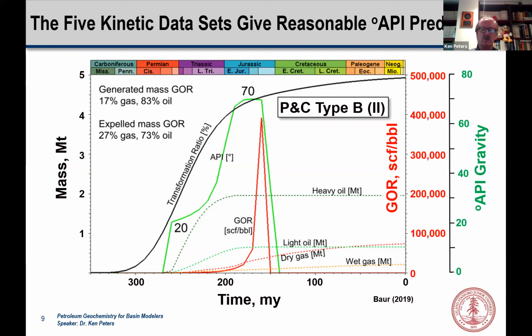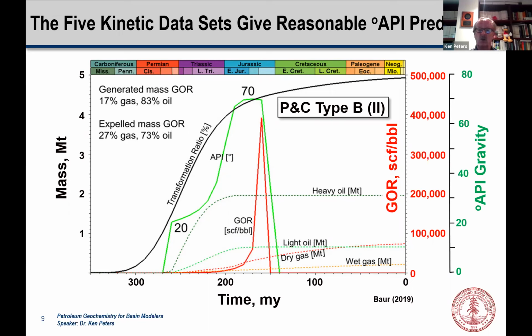And you can see it ranges here from 20 to 70. And here's the transformation ratio that we talked about in the kinetics section earlier. That's that sigmoidal curve as a function of time in this particular location. And then we've got the calculation of the predicted API gravity through time in this model. And here's the predicted GOR listed over here in red.